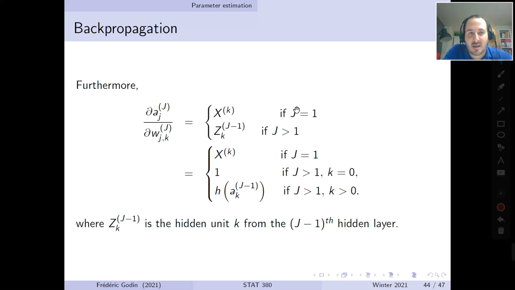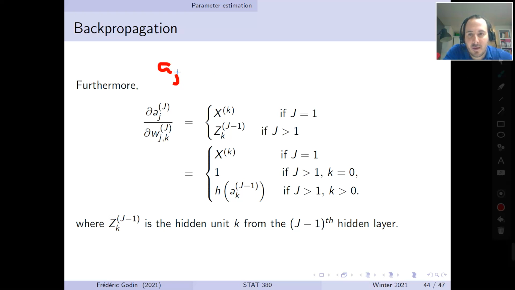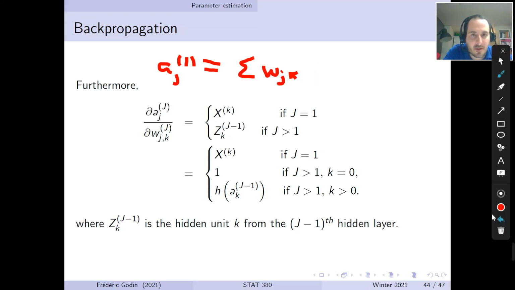So if j is equal to 1, this was equal to the sum of wjk times x.